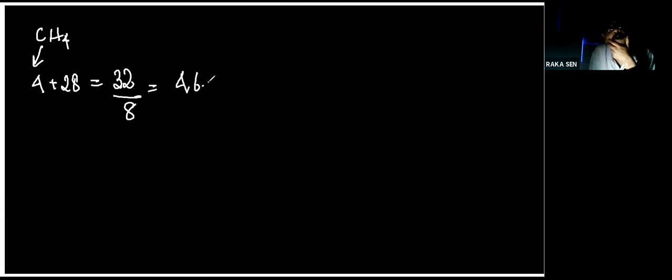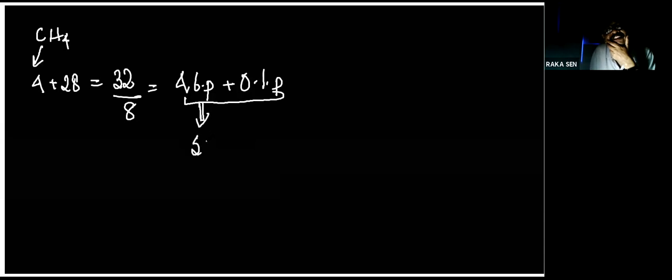So I've got 4 bond pairs plus 0 lone pairs. That means this will be sp3 hybridized, 4 sp3 hybrid orbitals are required to accommodate 4 bond pairs.